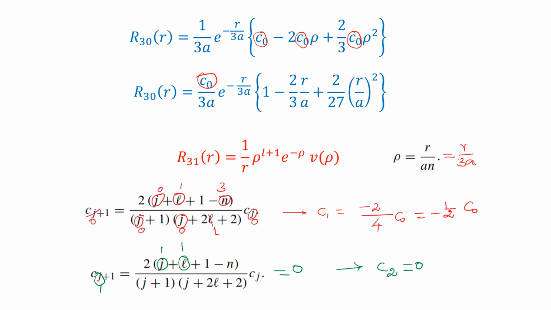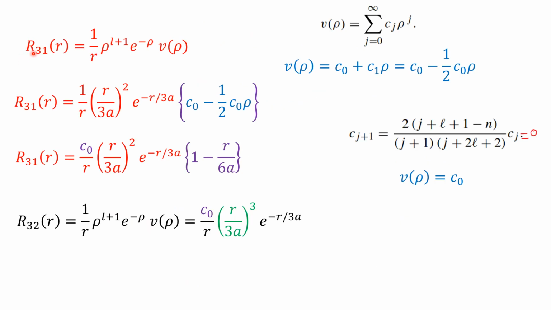And n value is surely 3. So 3 minus 3 is equal to 0. That means C2 is equal to 0. Here you have only two coefficients: one is C naught, the other is C1, which is equal to minus half C naught. So we will find the wave function now.